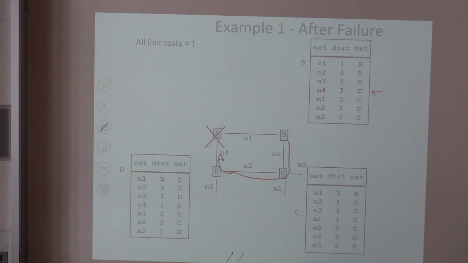In other words, the failure has been recovered, and packets from D to N1 will go this way, or similarly, from B to N4, they will go through this alternate path.